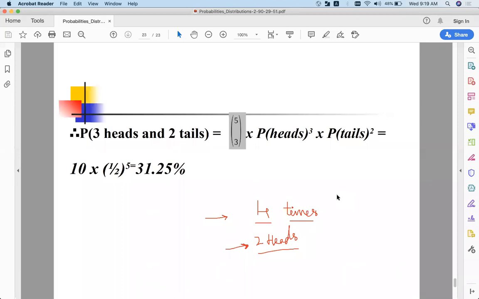Any other answer, guys? 0.375. Someone said 0.25. What is the mistake there? Whoever said 0.25, can you check your mistake? Can you try it one more time so that you know what the mistake is? I hear one answer, 0.375.